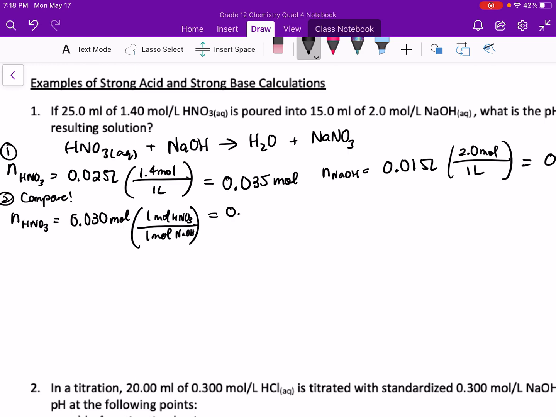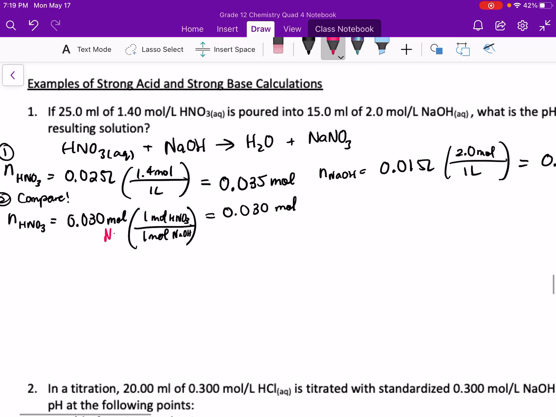That will give me 0.030 moles. And I can see here that the sodium hydroxide that I used was not enough compared to my original. Not enough NaOH. Therefore, it is the limiting reagent.